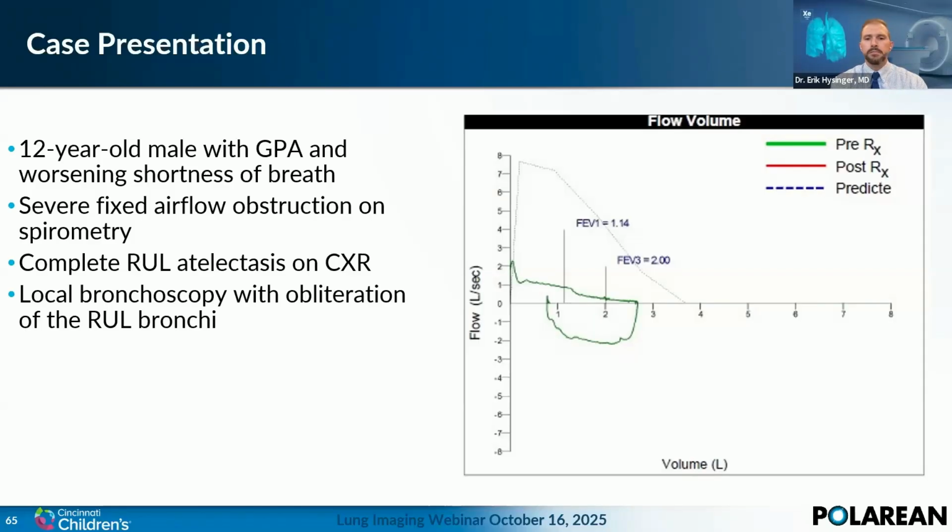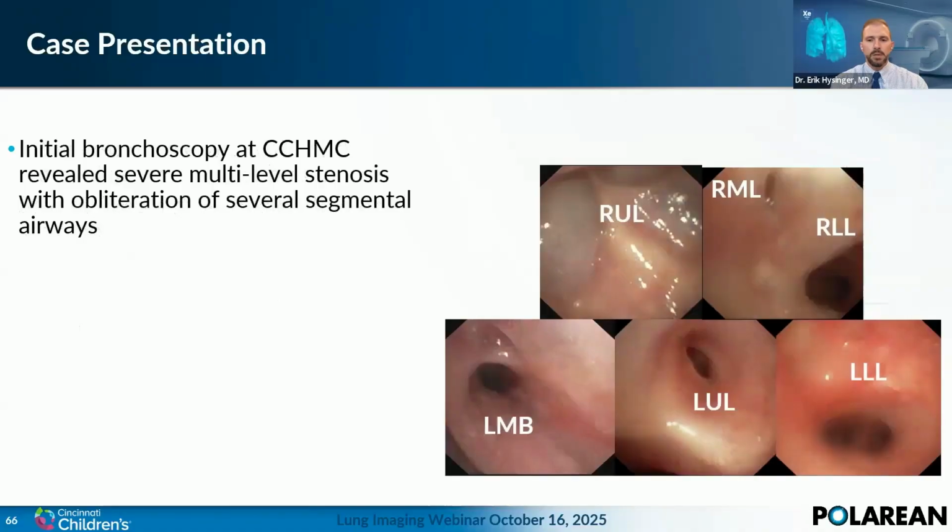Next slide, please. So we took him back to the OR, and he didn't just have right upper lobe problems with being obliterated. You can see in that upper left bronchoscopy image the little membranous occlusions of all the segments of his right upper lobe. His right middle lobe was down to a pinpoint. His right lower lobe, as it turned out, was really quite dilated, and we later discovered that it was bronchiectatic.